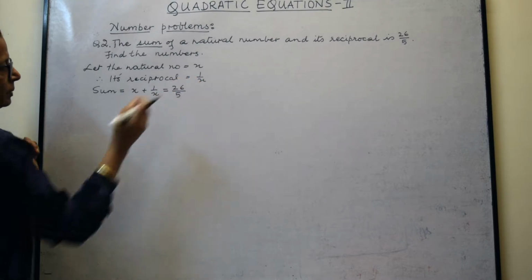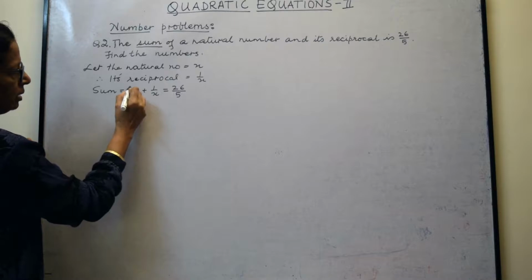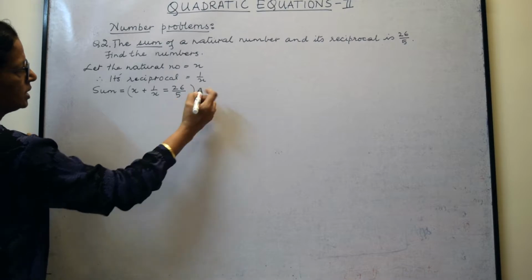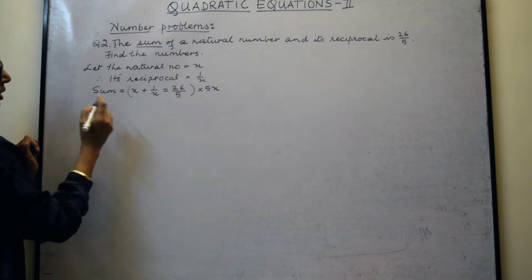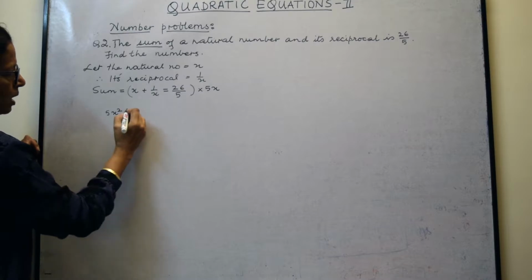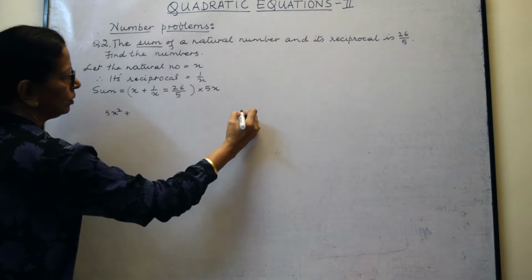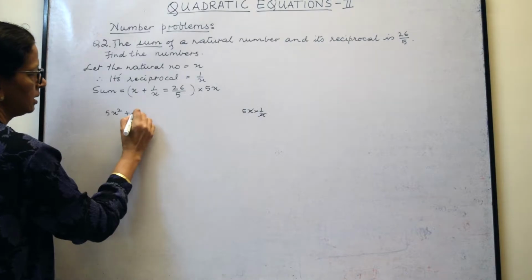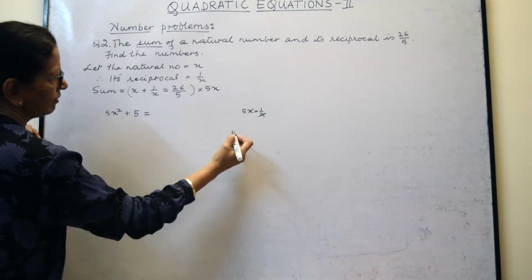What I normally do is, if I see a denominator here and a denominator here also, I will take the LCM of this and multiply each term by 5x. So here I will get 5x squared, plus 5x multiplied by 1 upon x, so what you get is plus 5. And that is equal to 26 upon 5 multiplied by 5x.